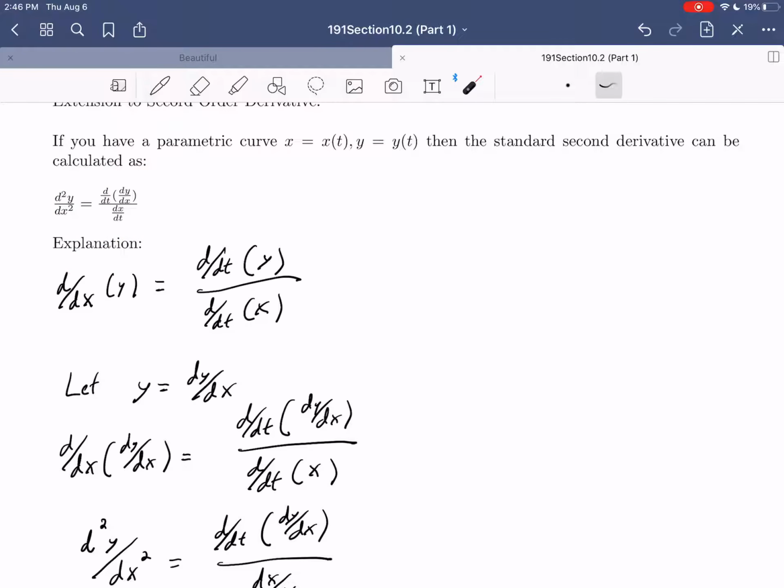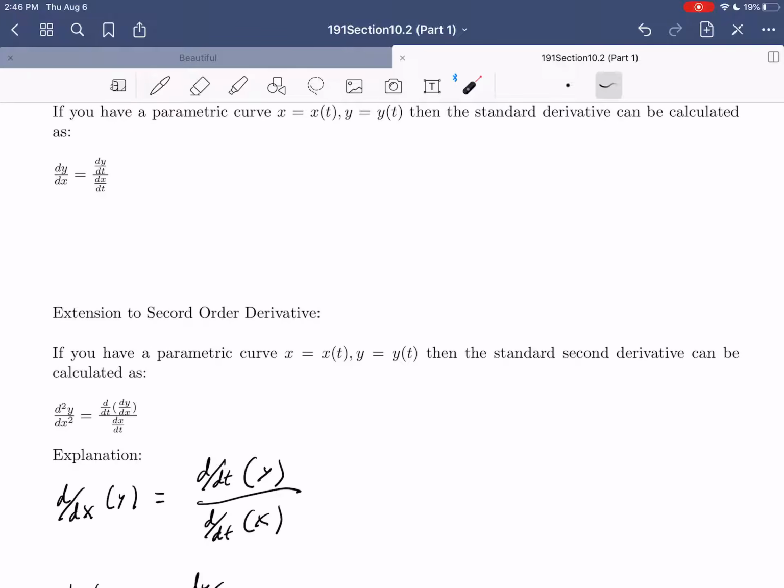So now, based on this summary, you know how to calculate both the standard first derivative and the standard second derivative of a parametric curve. And when we say that you can calculate these standard derivatives, we mean you don't need to remove the parameter. You can leave everything in its parametric form, and both dy/dx and the second derivative will be in terms of t. So they'll still be expressions based on the parameter t, but they're calculating the standard derivatives between y and x.